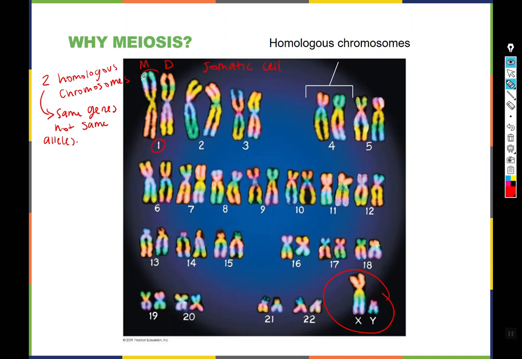Within each individual chromosome, there are 2 sister chromatids. And within those sister chromatids, each chromatid has the same genes and the same alleles as its sister.